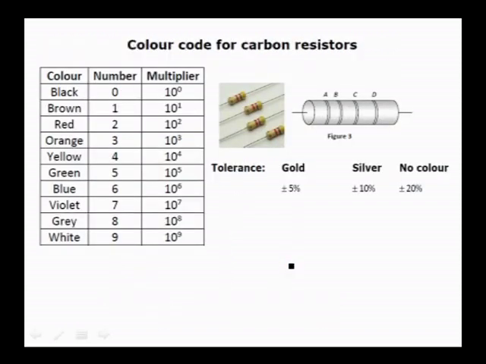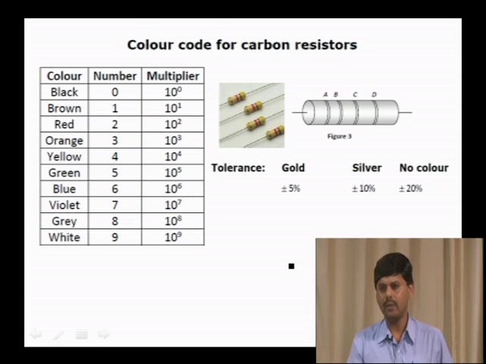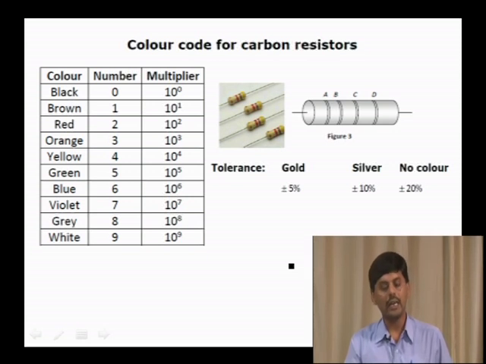Next we move on to the color code for resistors. We have metallic resistors and other types of resistors, but we are using the carbon composition resistor. In a carbon composition resistor, we do not get the value directly. By taking the help of the color bands on the surface of the resistor, we can calculate its value.